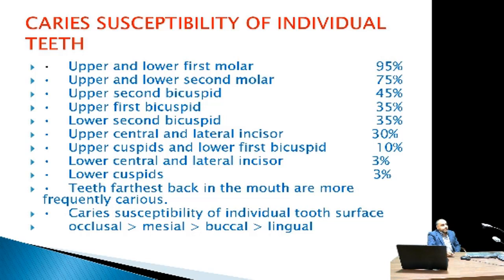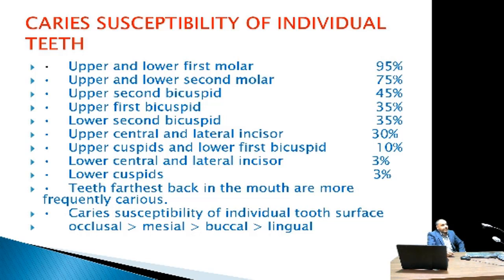Lower cuspid, 3%. من خلال هذه النسب نجد أن الأبر واللور فيرست مولار هو high prevalence of dental caries. This is due to accumulation of food that contain carbohydrate in the deep and narrow bed of fissure. الأبر واللور فيرست مولار يحتوي على الديب and narrow bed fissure وهذه تساعد على accumulation of the food leading to the dental caries.